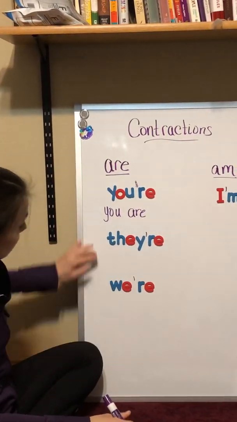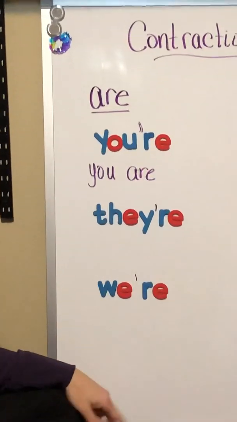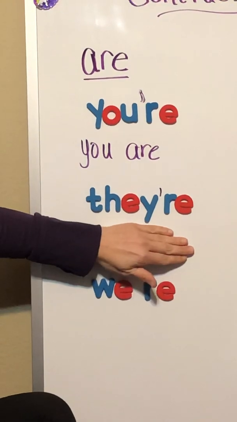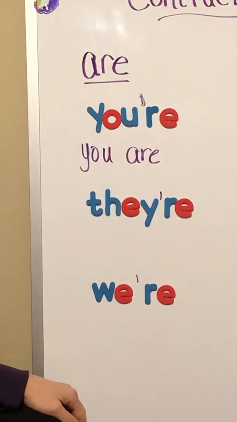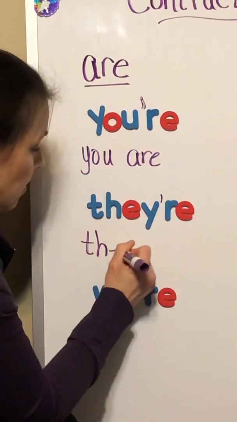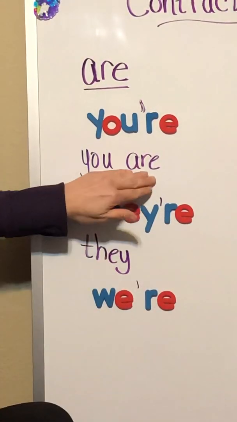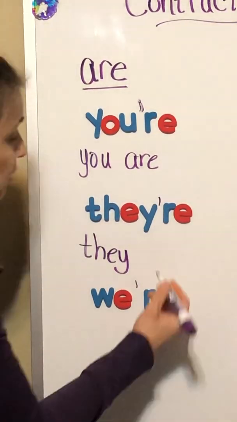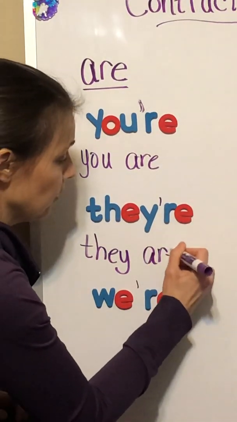Now we look at our next word, and the word is they're. So let's think about what two words do we contract to make the word they're? Well, when I look at it, I see the word they. And based on what I learned up here, I know that when I see the R-E, that is a contraction for are.